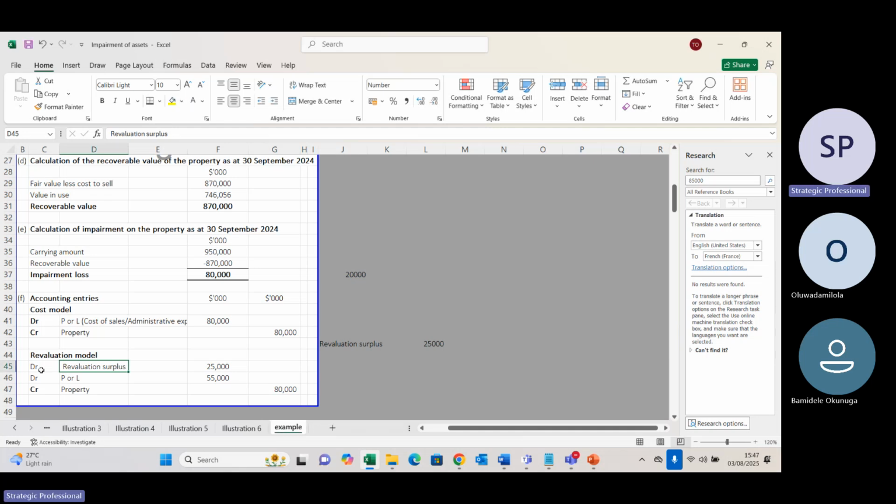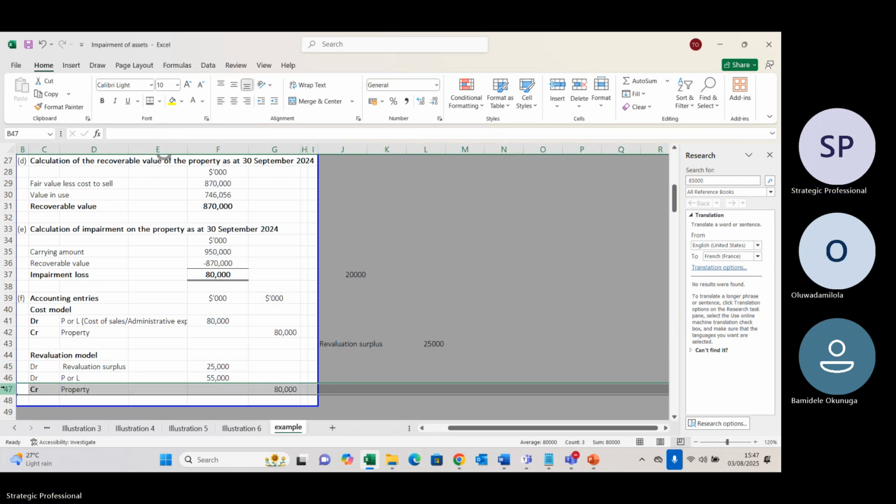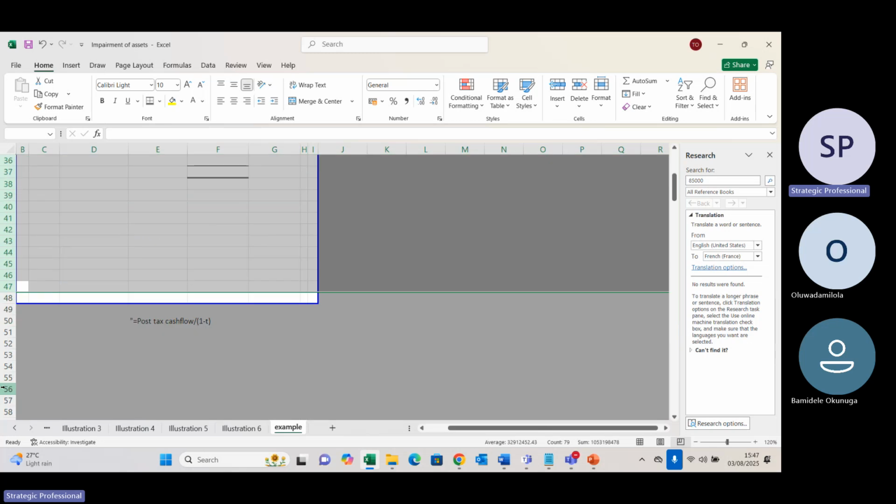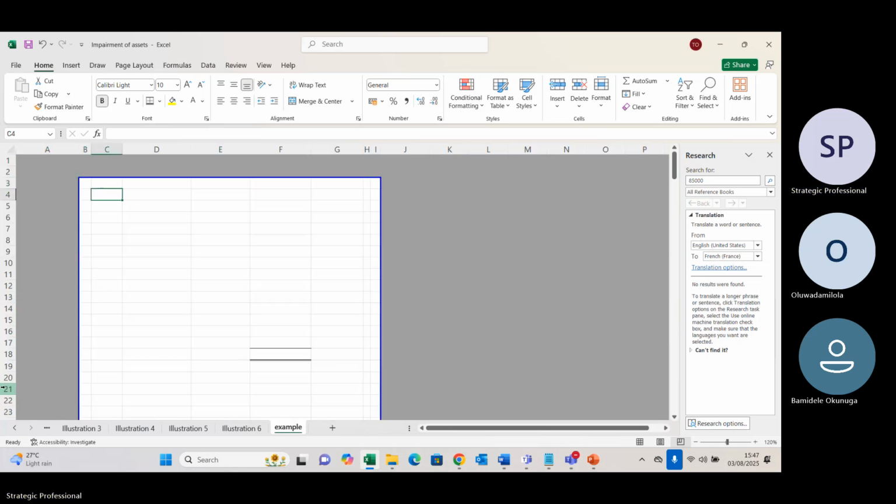I want to try and paint one scenario to explain something on this impairment. Let's assume the company has a carrying amount of their asset of 400,000. The method of depreciation is straight line.